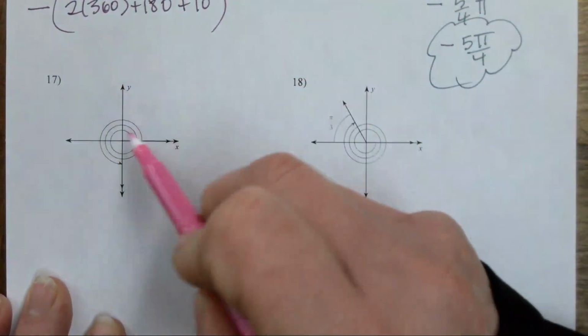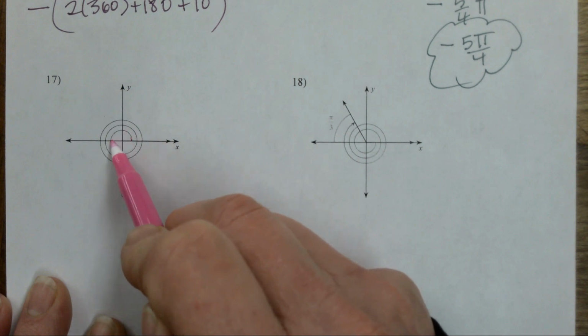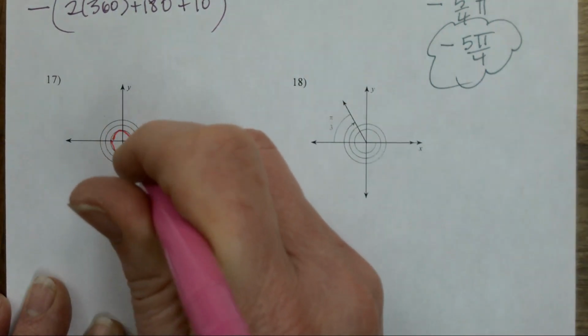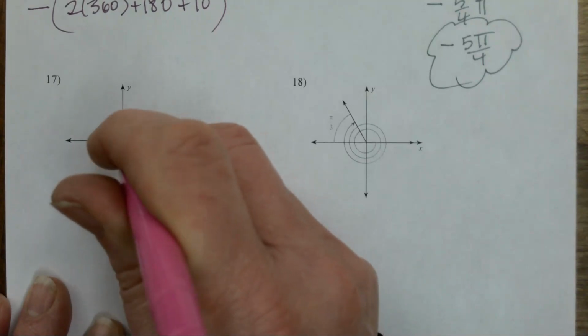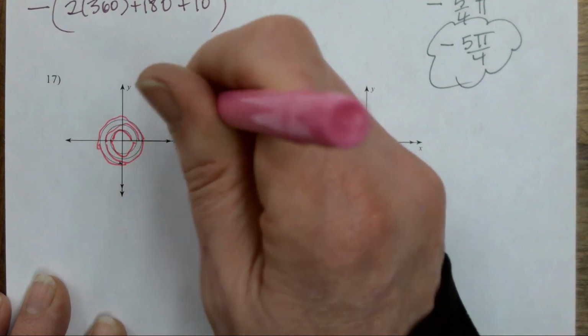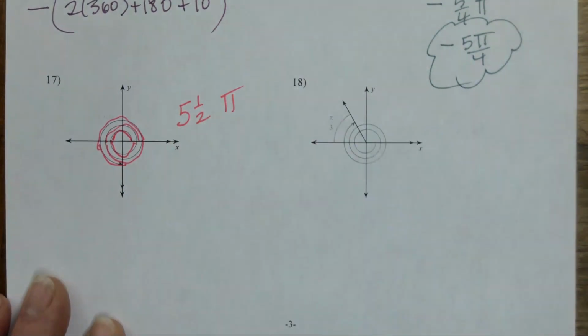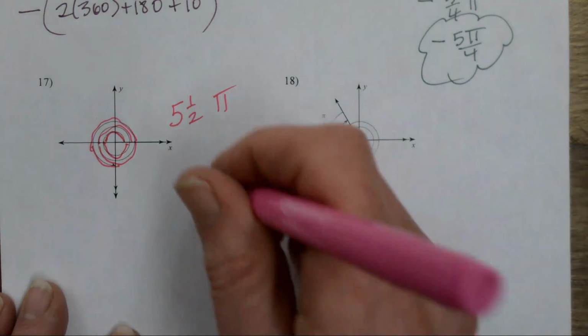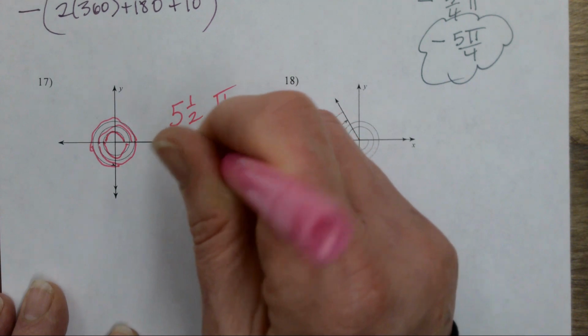So this is 1 pi, 1 pi, 2 pi, 3 pi, 4 pi, 5 pi, and a half more. So I moved 5½ pi. Or 2 times 5 plus 1, 11½ pi.